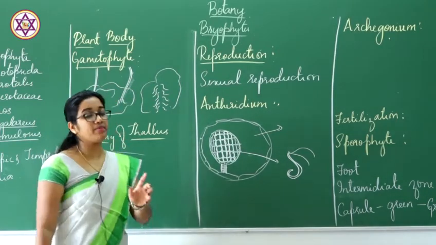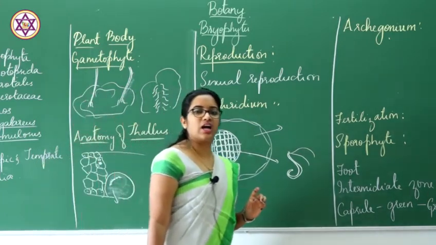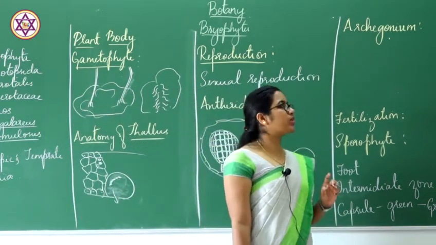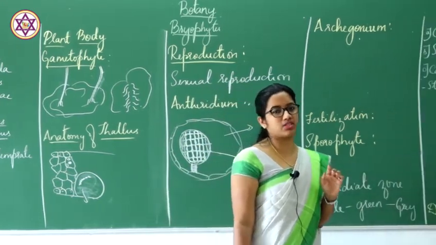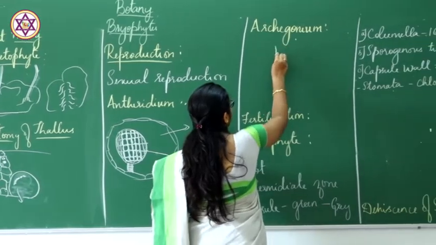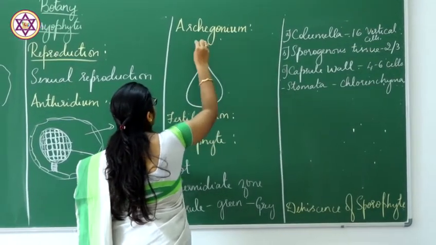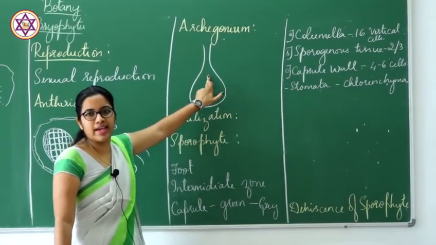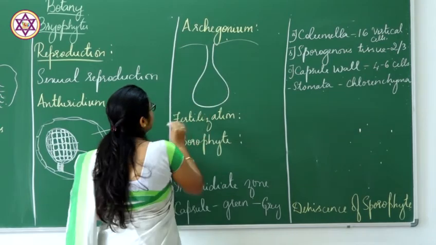In the same way, you will find the archegonium present. The archegonium is the female reproductive structure, which is a flask-shaped structure. You will find it has a swollen base and a thin slender neck. This is again present inside the thalli.